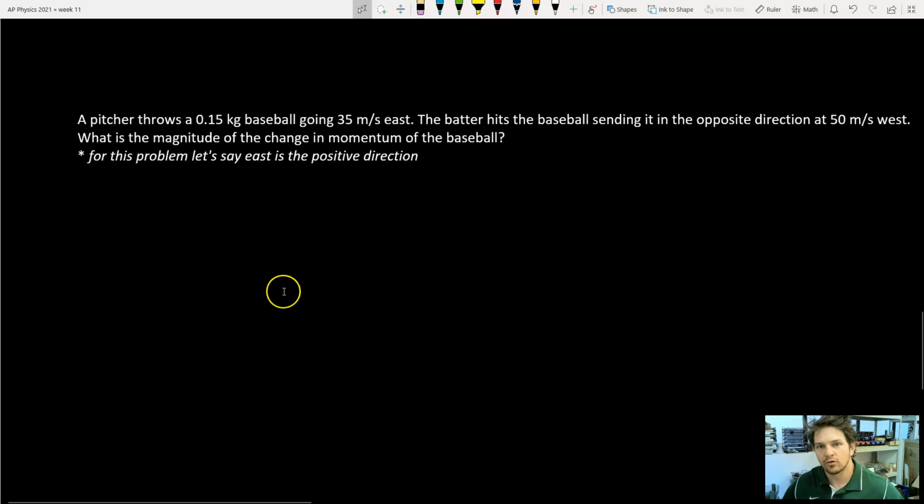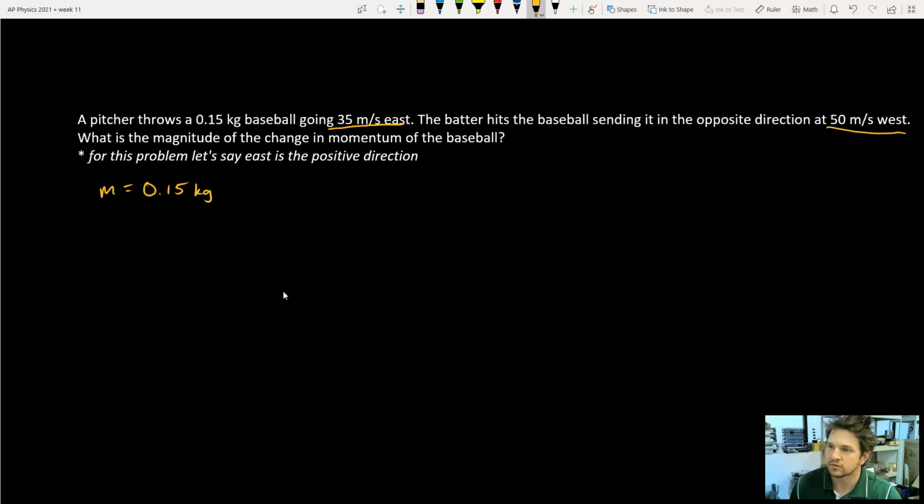A pitcher throws a 0.15 kilogram baseball, and it's going 35 meters per second to the east. And the other thing is, it says we're going to say east is the positive direction. So we got a mass of 0.15 kilograms, and here's a velocity. The batter hits the baseball and sends it in the opposite direction, going 50 meters per second to the west.